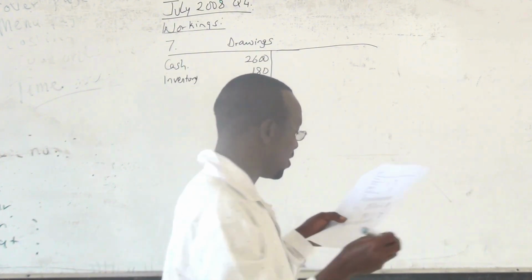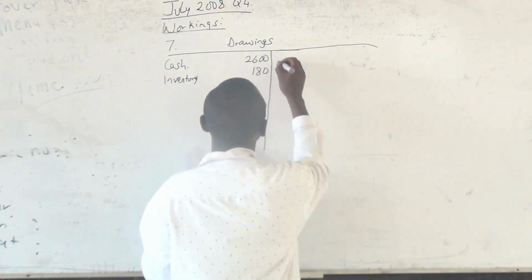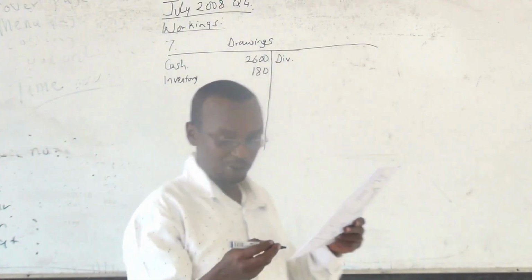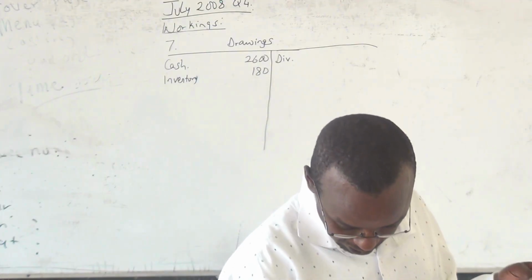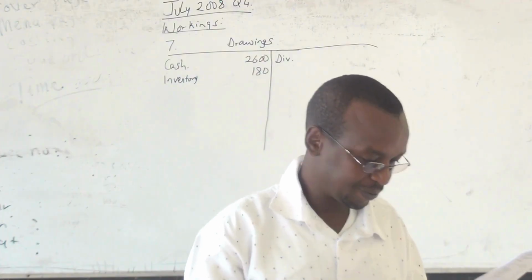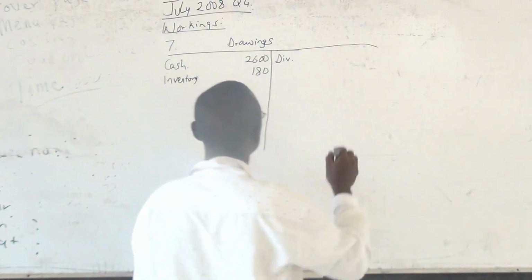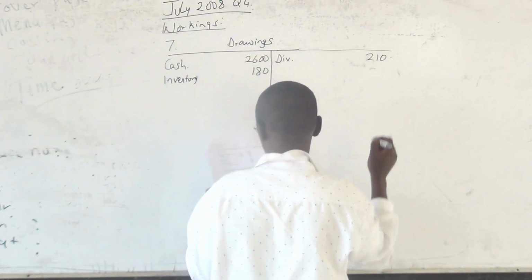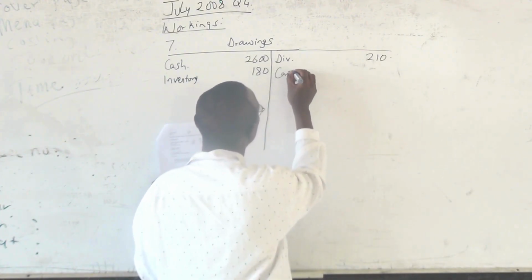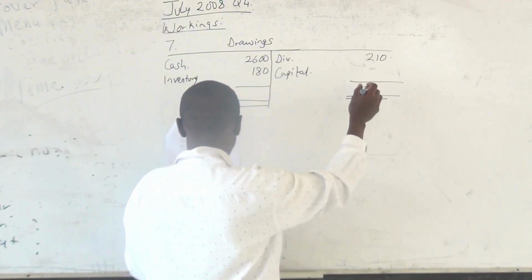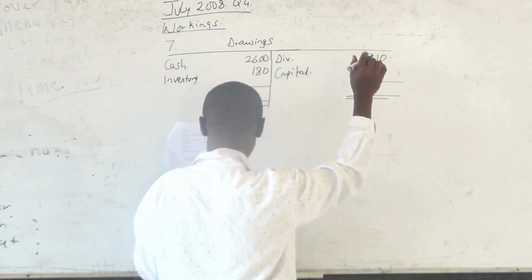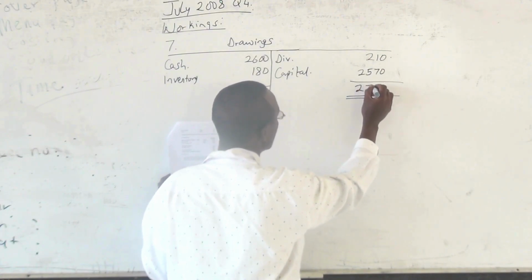Then there is dividends. This dividend, it was not taken, it was an income here. Dividend of 210. So the difference here will be capital. Why do you put dividends here? Because we don't have any investments in the business.